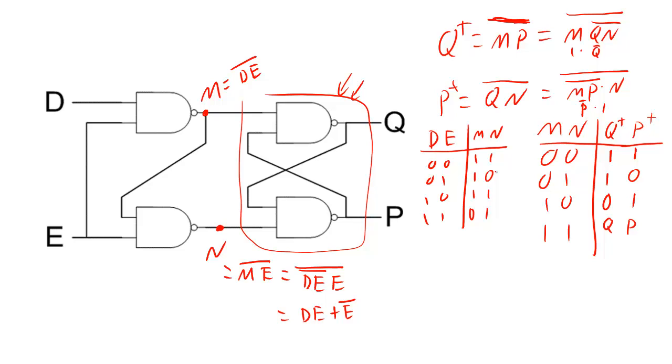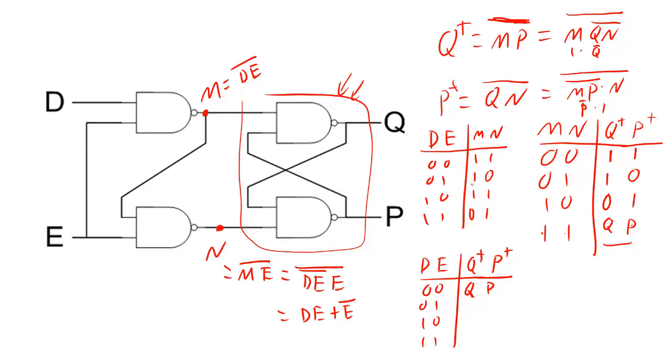Okay, so what we can check out now is basically if E is 0, we're going to do a hold operation. So let's write this out one more time. So we've got 0, 1, 1, 0, 1, 1. And what's going to happen is Q plus P plus. I can solve for this. I can see that when D and E are 0, I've got the 1, 1 for my inputs. And I can see that QP comes out.